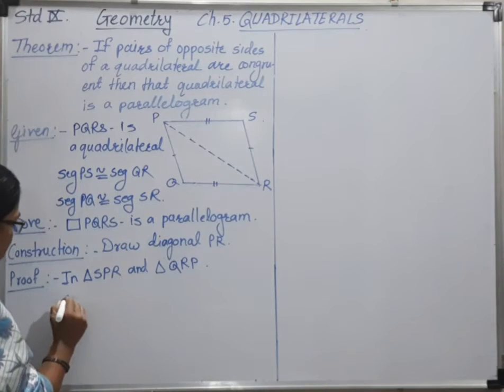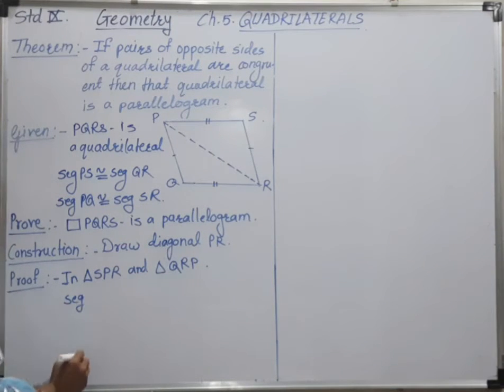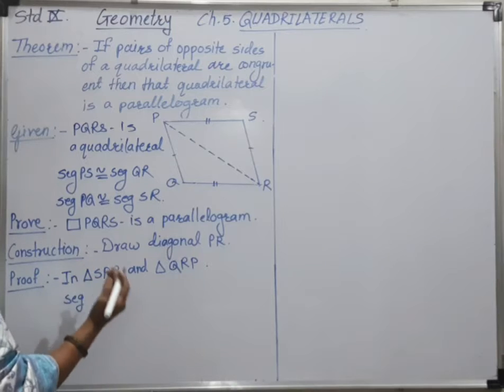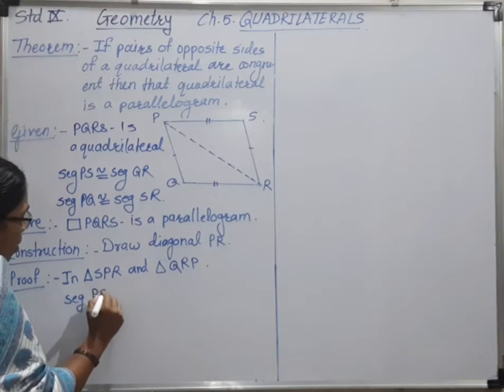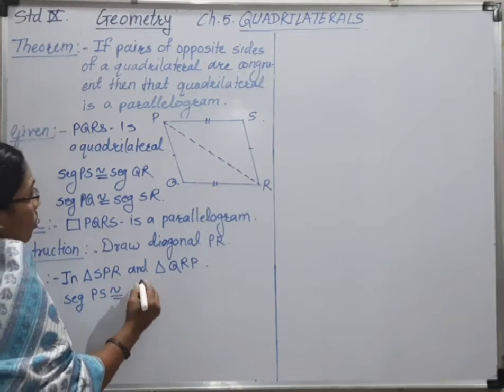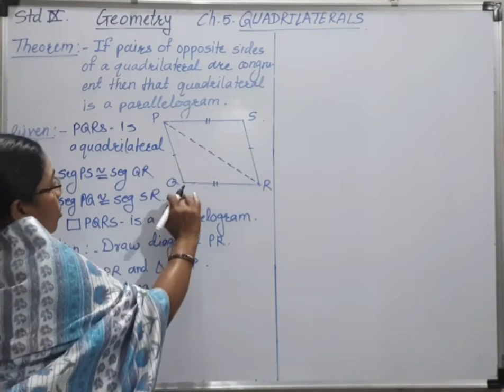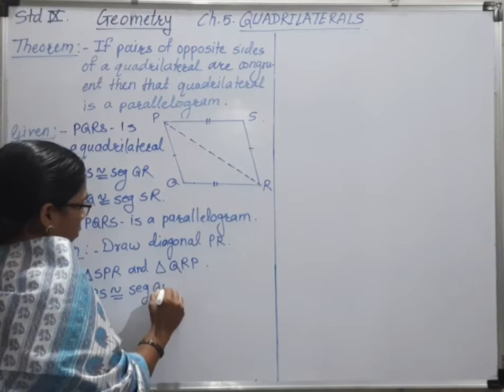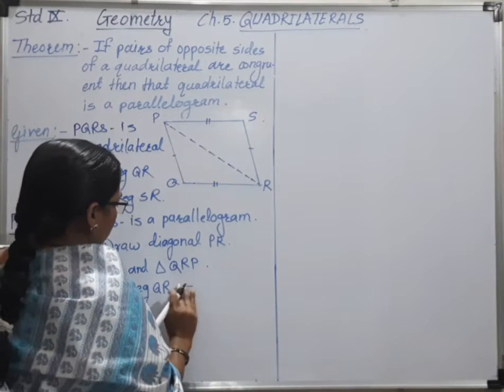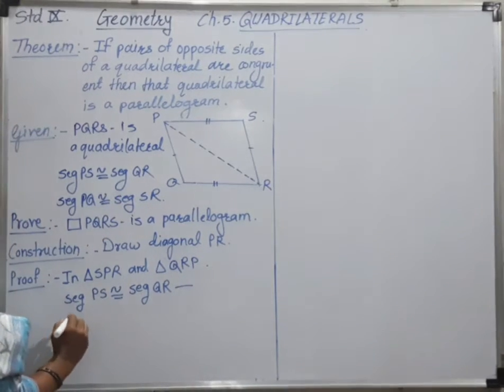So side SP, or we can write PS also, PS is congruent to QR, which is given only.